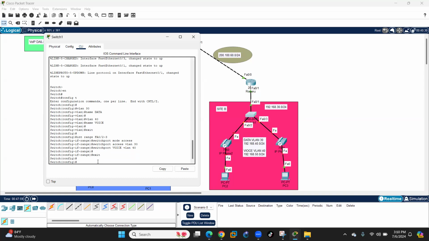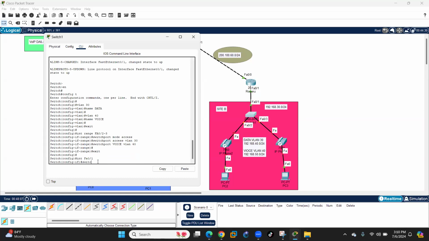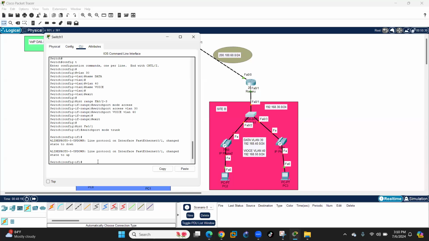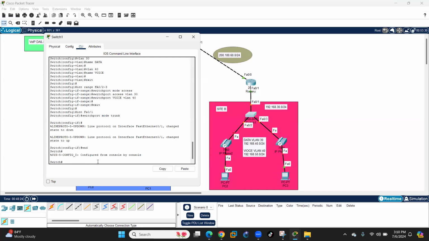Exit. Interface Fa0/1, switchport mode trunk. I've configured my trunking.